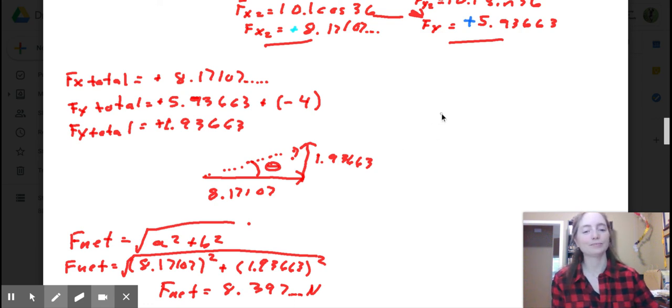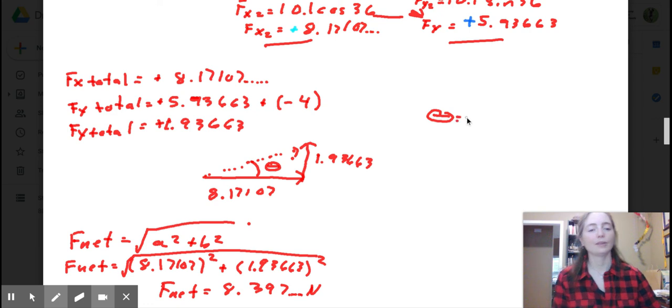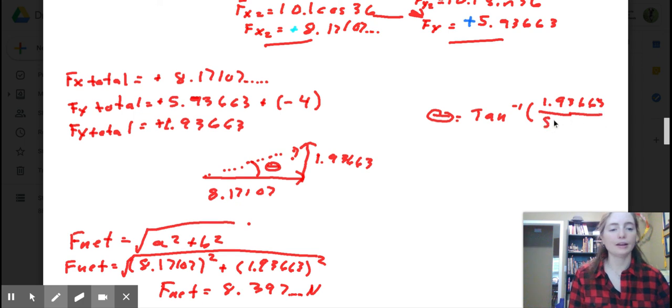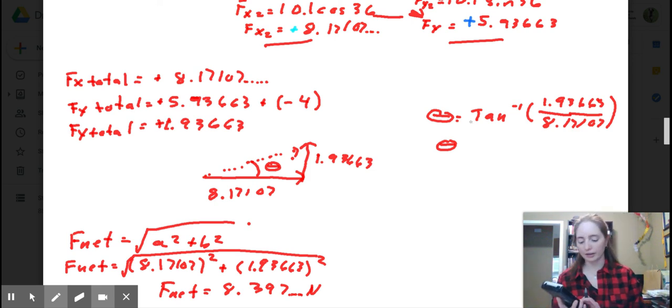Okay, let's find theta. Once again, I'm going to use tangent. The least amount of math has now been done on my opposite and adjacent, so I'm going to use tan. So tan inverse, well, find your angle, and opposite over adjacent is going to be 1.93663 over 8.17107. And you're going to get your theta. Calculator. As I did this one differently than I did on my notes, which is fine.